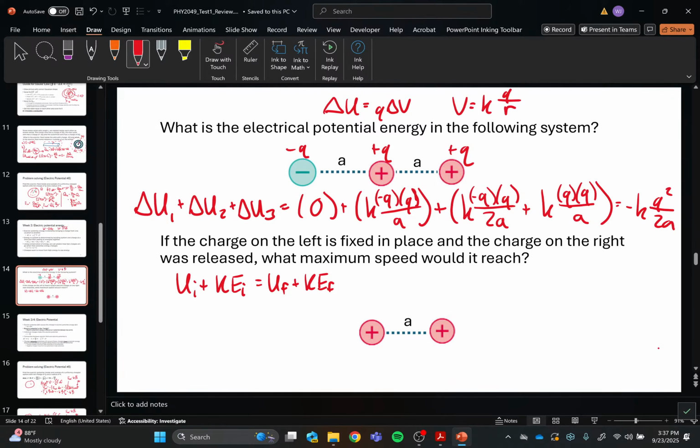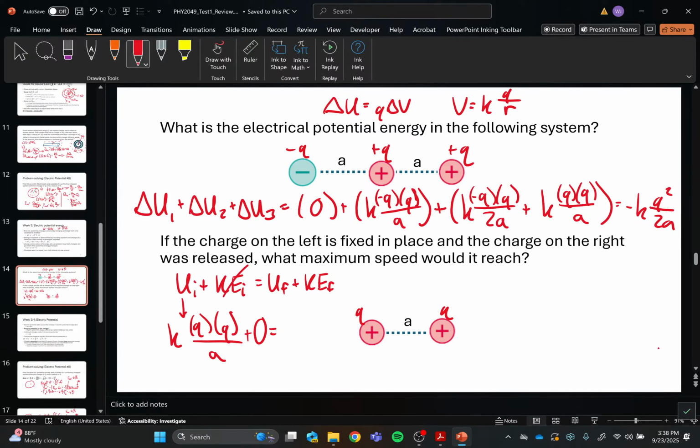All right. What's my starting potential energy in this system? How much energy is stored in it? What's the energy stored between two charges? Okay. I believe in you all. Q. Good. Yay! That's the energy I start with. What's the kinetic energy I start with? 0.